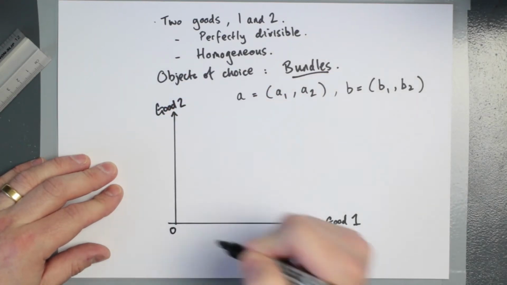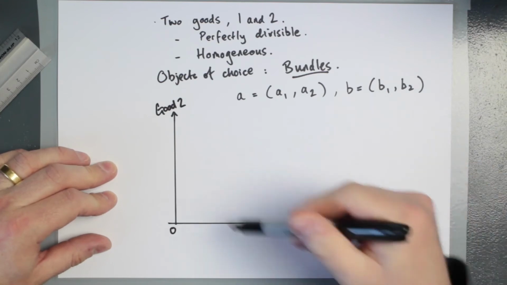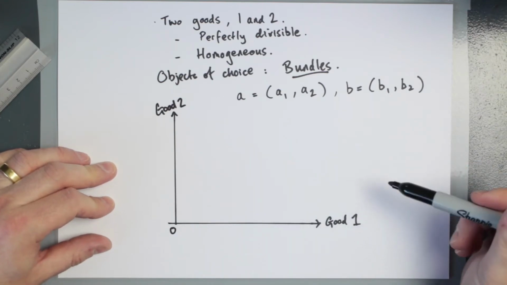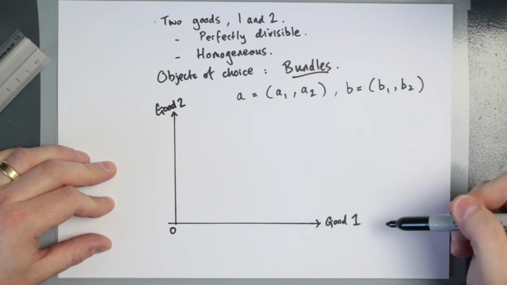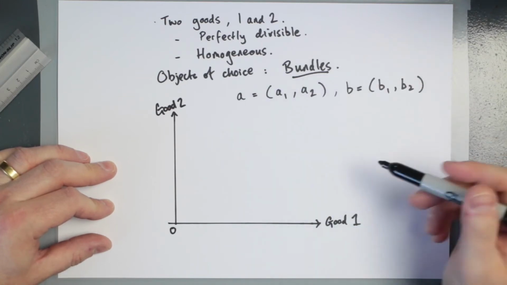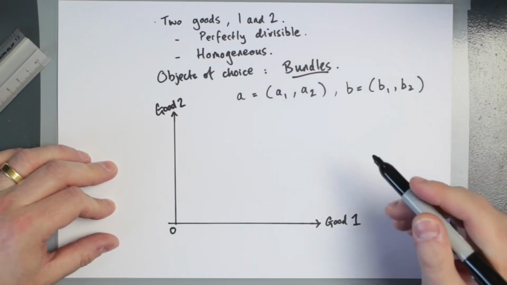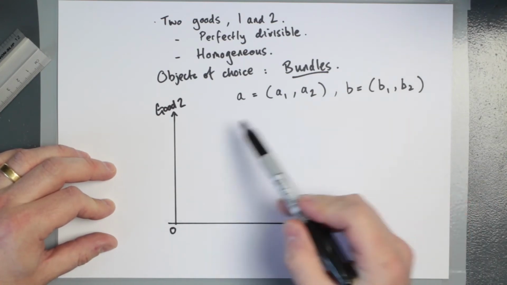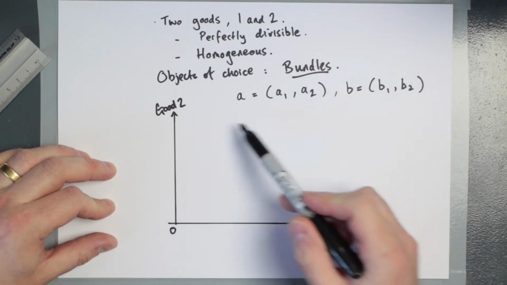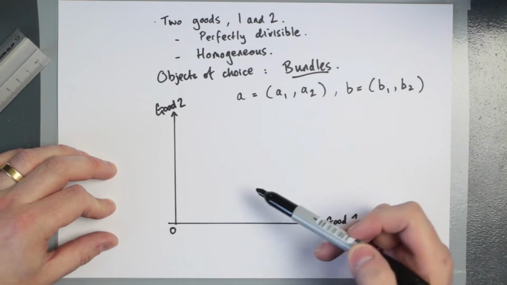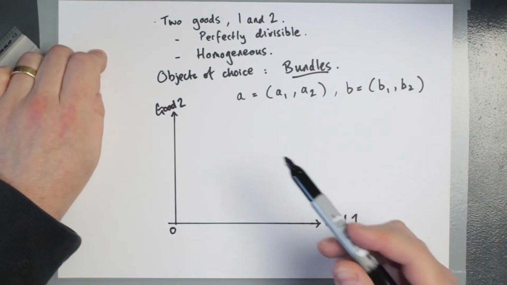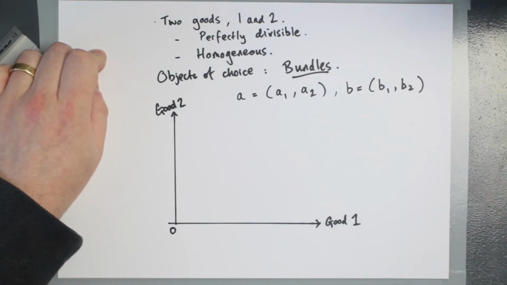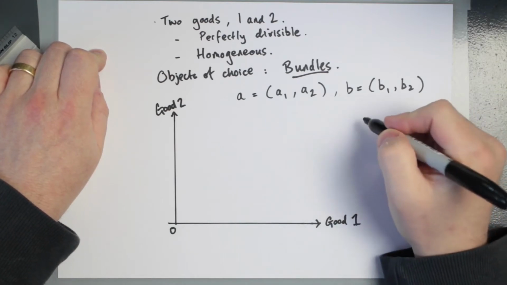Okay, let's put 0 here. Whenever we start a diagram in microeconomics, or any of your economics courses, we need to see labels on the axis explaining what all this means. So how would we represent a bundle like A? Now, this entire space here is what we call the positive orthant of the plane. So let me just explain why.